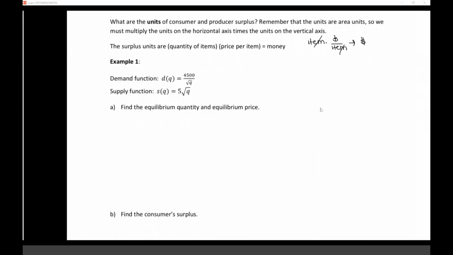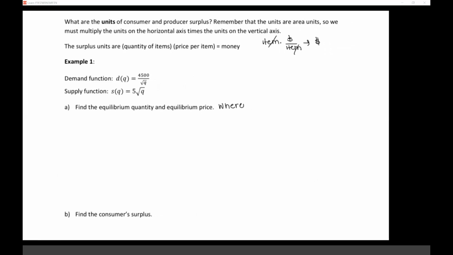So let's look at a couple of examples with this. They're giving us a demand function D of Q and a supply function S of Q. Now they want us to figure out what's the equilibrium quantity and equilibrium price. Now remember I said this is where your quantity demanded equals your quantity supplied.